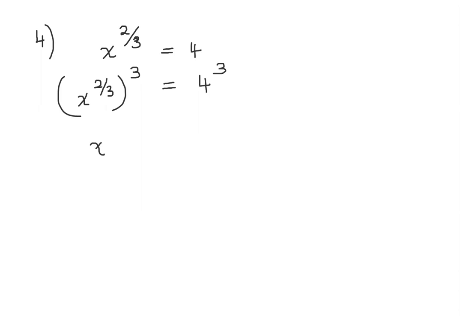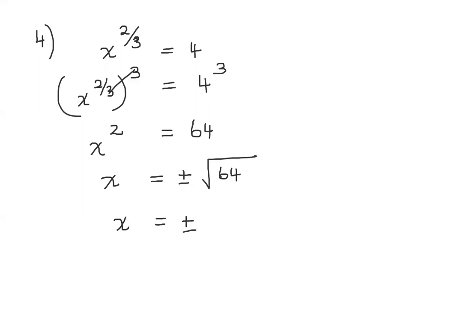So we have x to the power 6 over, so 3 cancels out. So we have x squared equals 64. So x is going to be plus or minus the square root of 64. So x equals plus or minus 8.